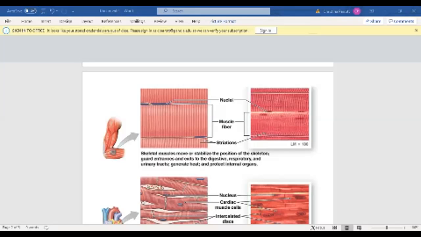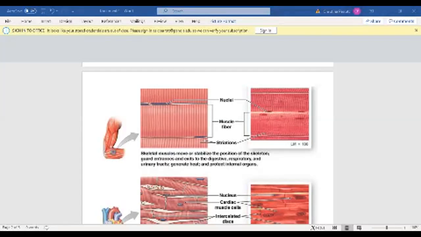And remember, we had 3 different types of muscle tissues. We had skeletal muscle tissue, cardiac muscle tissue, and smooth muscle tissue. You still have to be able to identify these under a microscope for this unit as well. And you have to be able to identify the parts in them and what's different between the different muscle tissues. So let's go through and we'll discuss all that now.